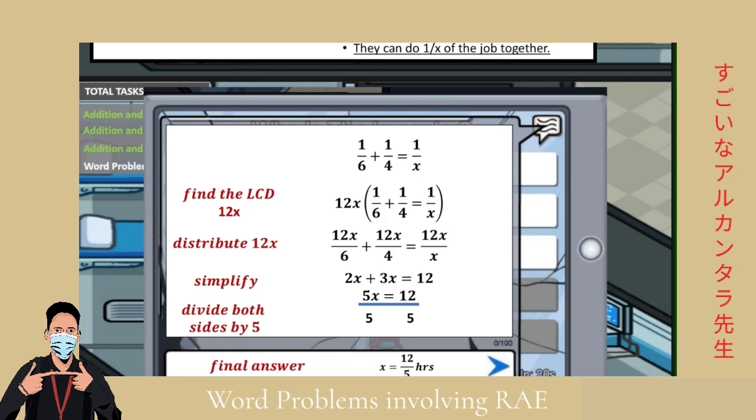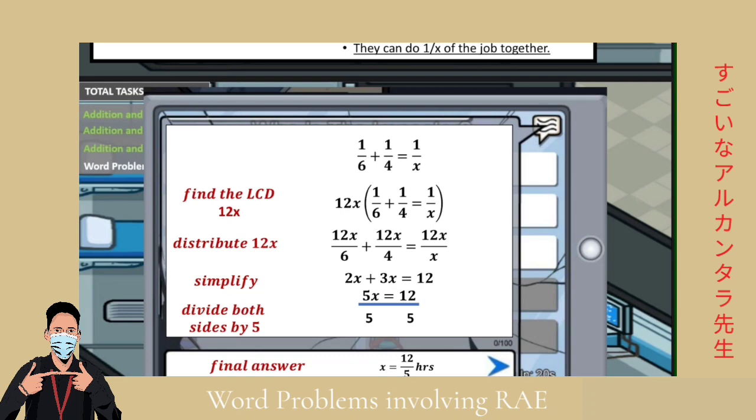If you add 1 over 6 plus 1 over 4, it will be a little longer. So the technique here is, since all of them are in fraction form, get the LCD immediately. You have 6 and 4, the LCD there is 12, and you have x, so 12 times x, it's 12x. So multiply 12x or distribute it to every single fraction.